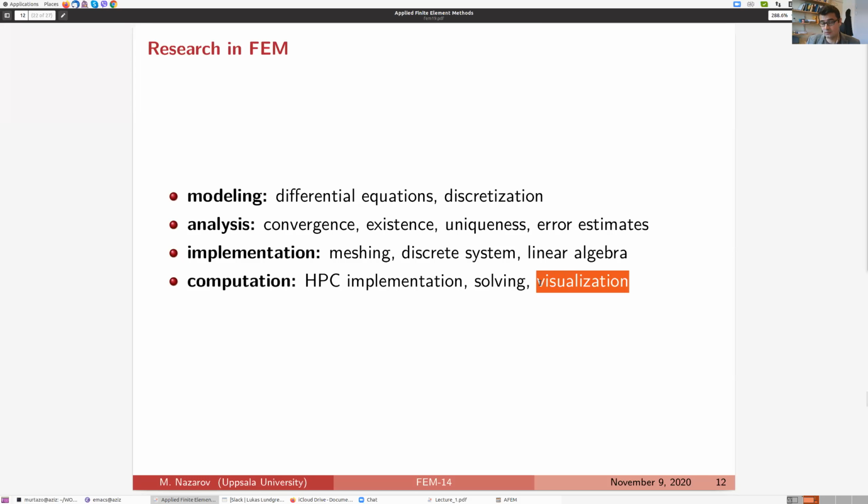Visualization. Once you solve your problem, in MATLAB, for example, you use plot, but for open source environments or large scale, you cannot use a simple plot because the data is so big that you cannot fit it in one computer. So MATLAB plot does not usually work. There has been a lot of development.